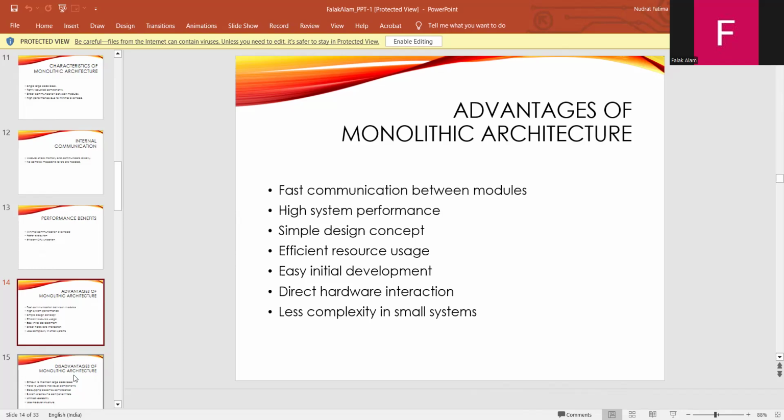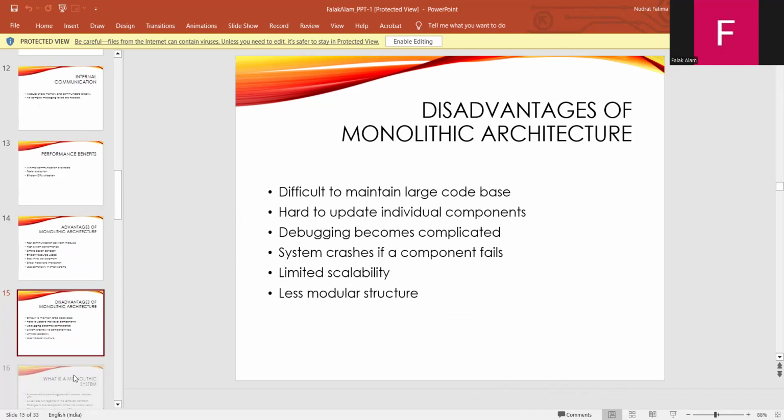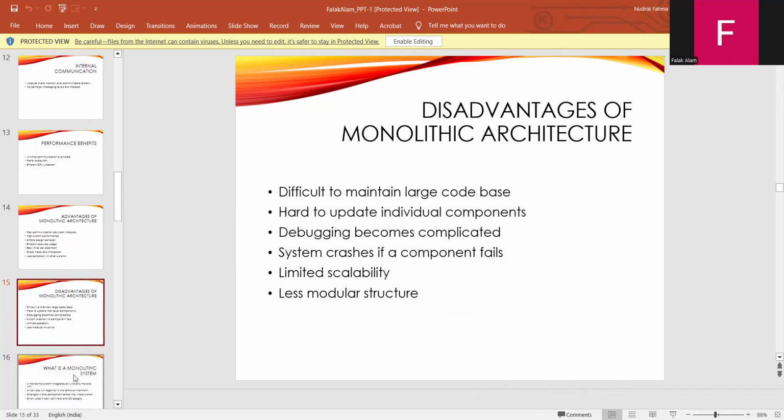Despite the advantages, monolithic architecture has some disadvantages too. Now let's overview the disadvantages of monolithic architecture. The disadvantages include difficulty maintaining a large code base, hard to update individual components, debugging becomes very complex and complicated, system crash if a component fails, limited scalability, and less modular structure.